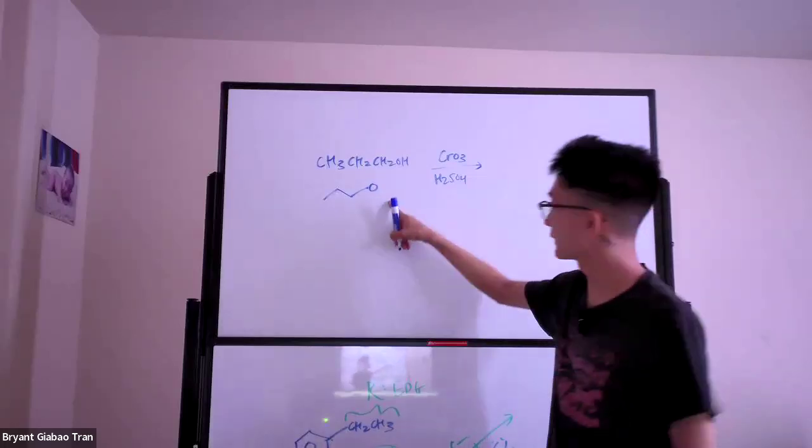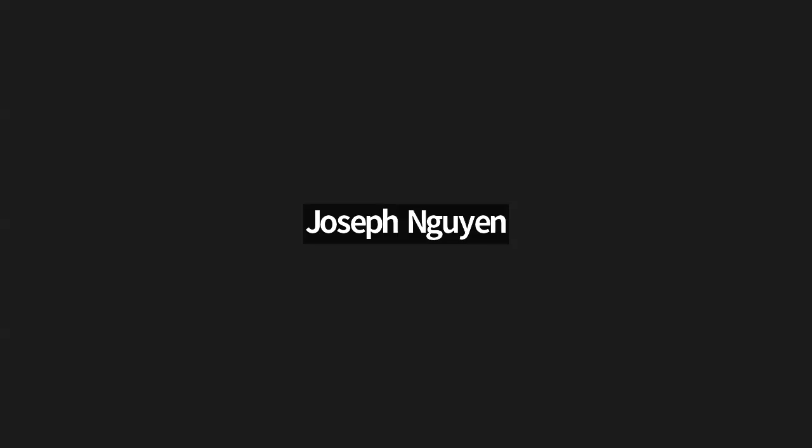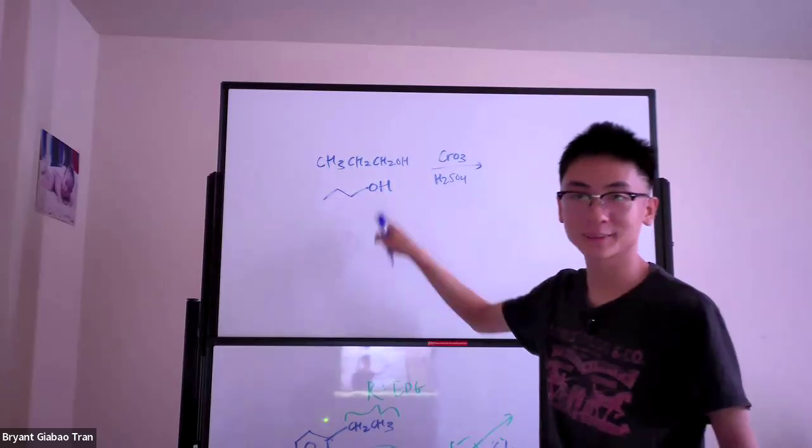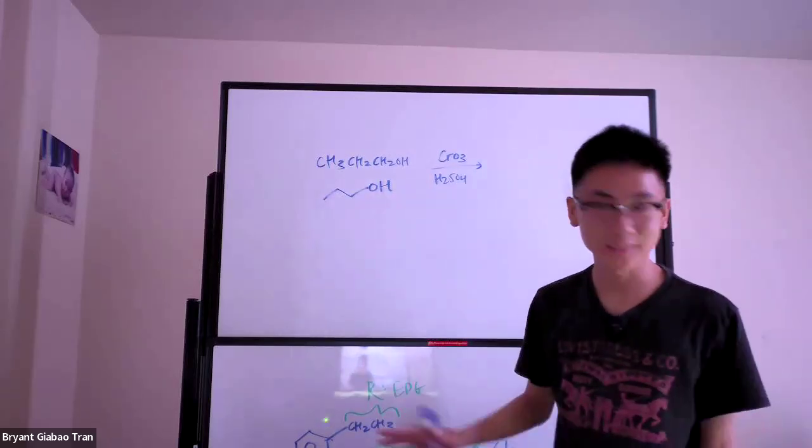A three linear carbon chain, and then an oxygen with the H attached to it. And what is this functional group, and what kind is it? Primary, secondary, tertiary? Primary alcohol.